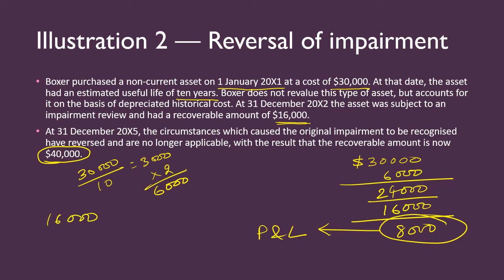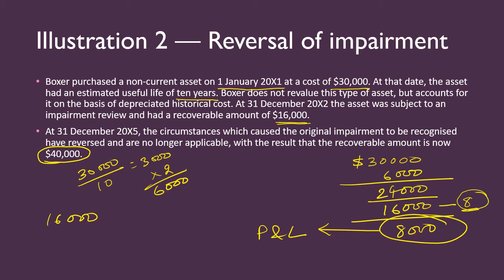What is the life of this asset? Here the remaining life of the asset is 8 years, because the original life is 10 years. After 2 years the value is reduced, but at that date the life of the asset was 8 years.